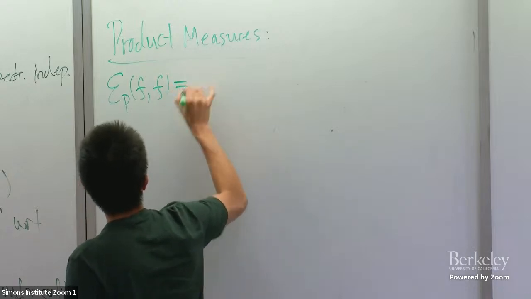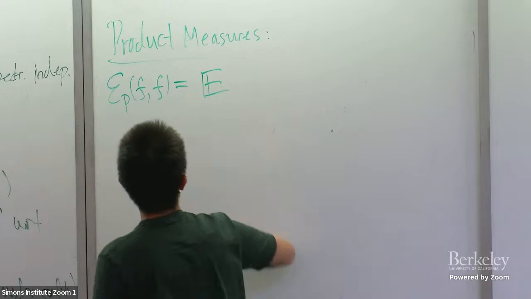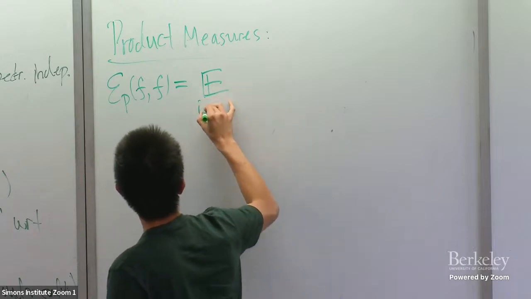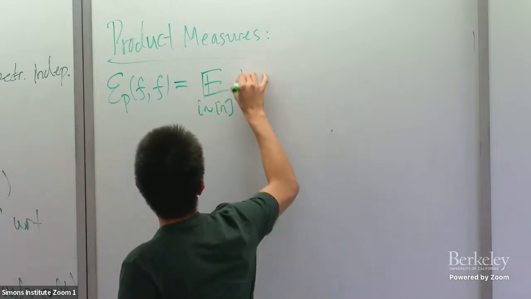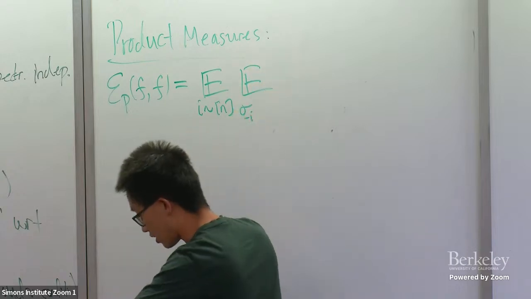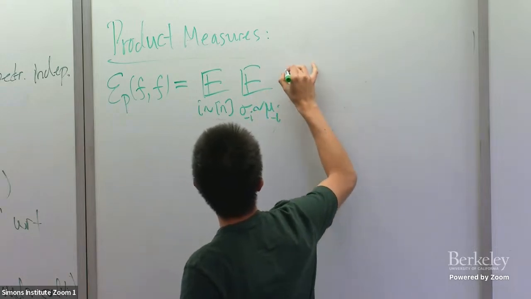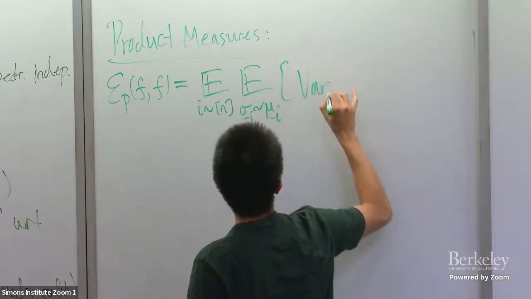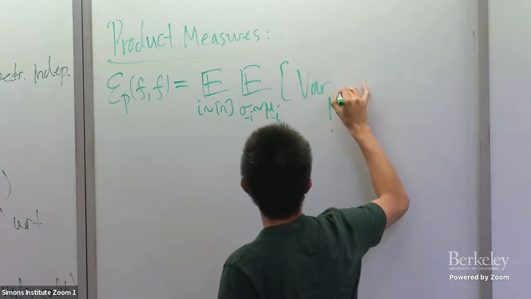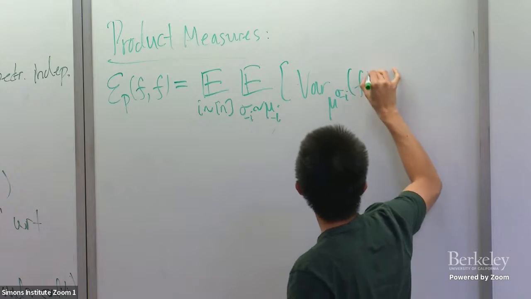This is really equal to an expectation over a uniformly random coordinate, and an expectation over an assignment of all the other coordinates, sampled from the appropriate marginal distribution, of the variance after conditioning on everything except the ith coordinate of the function.